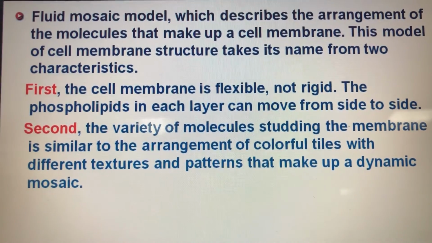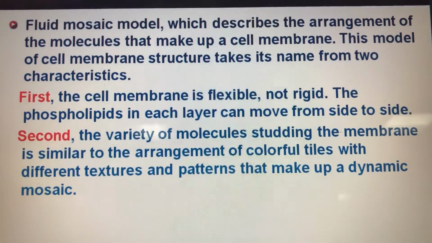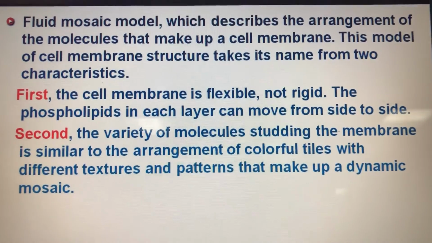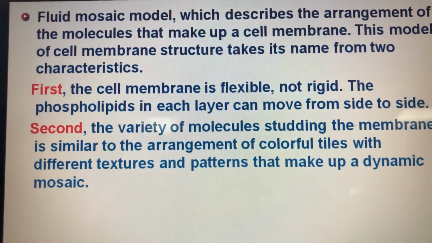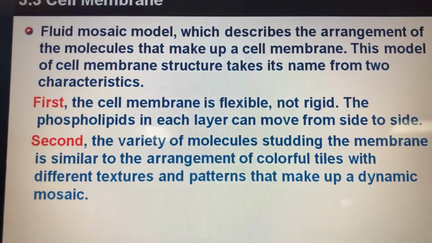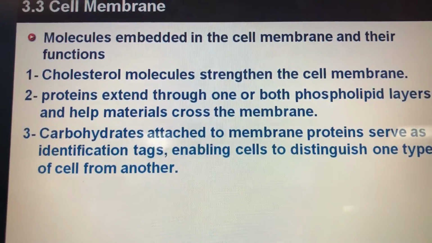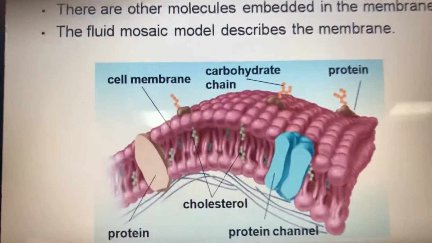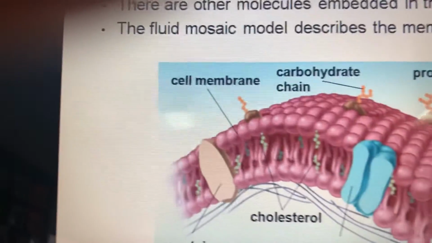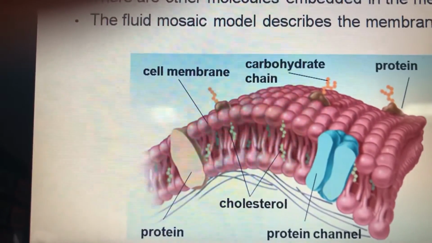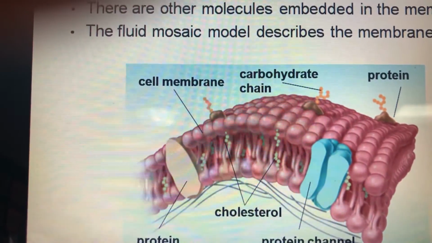Second, they call it mosaic because the variety of molecules studding the membrane is similar to an arrangement of colorful tiles with different textures and patterns that make a dynamic mosaic. As you see here, these patterns or shapes make nice tiles, like a mosaic.